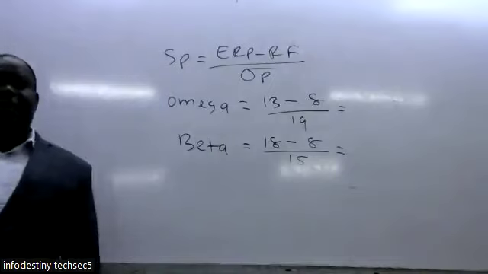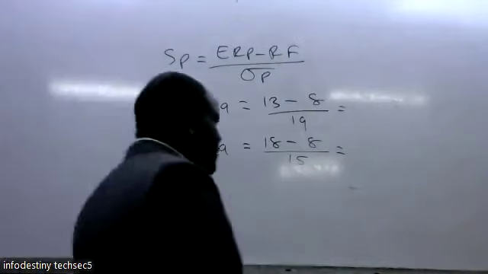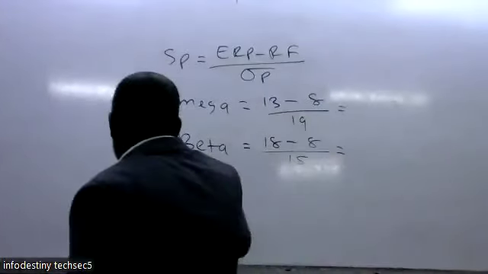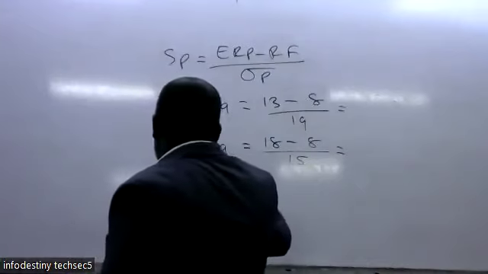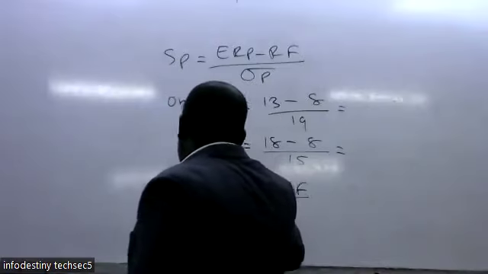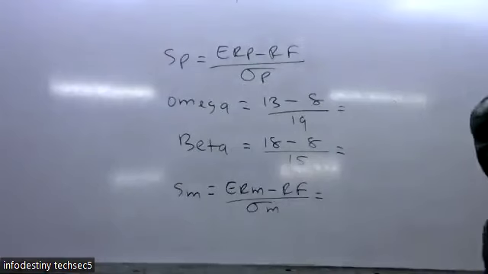But they also wanted it for the market. Remember, you are also meant to compute for the market. Some information is not there, but we should first present it. The one for the market is expected return for the market minus the risk-free rate, divided by the standard deviation for the market.